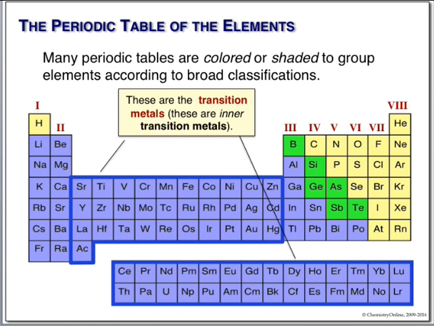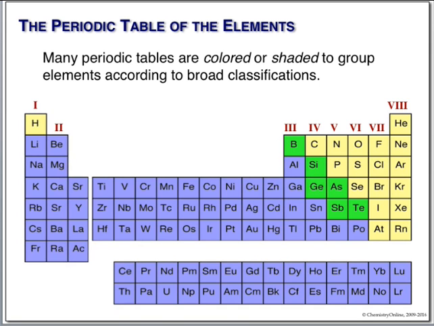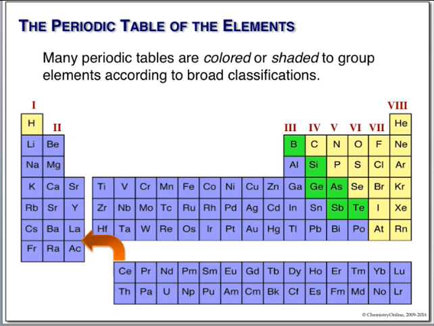Now, you may wonder why these guys are stuck down here at the bottom. Well, turns out that they actually fit right in here. So if you open up your table, cerium comes right after lanthanum, thorium after actinium.